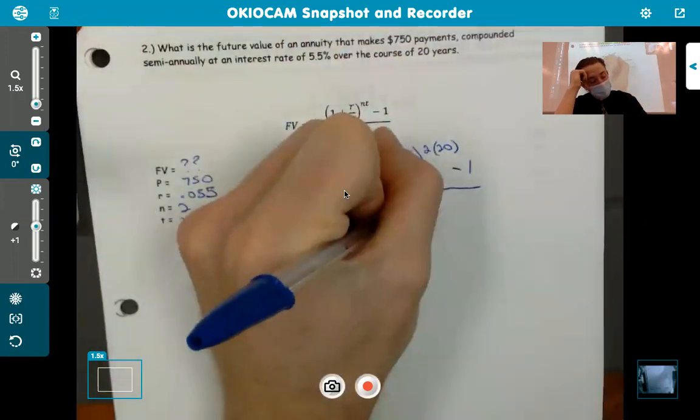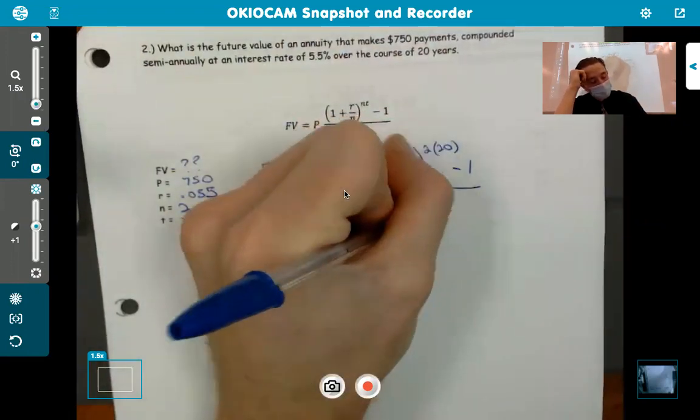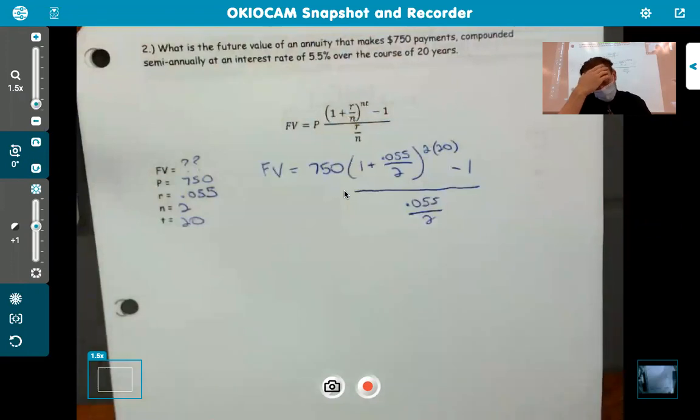And this is all being divided by 0.055 divided by 2. Okay. Everybody with me so far?